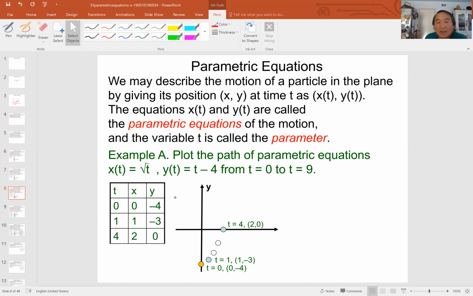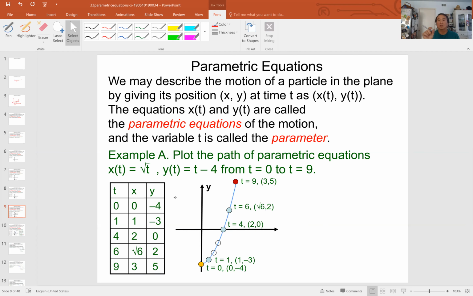After 9 seconds we finish up there. So basically it's a very short video of a point going along the curve and stopping. It's the basis for animation actually. If you like, you can easily write a program to animate these things.